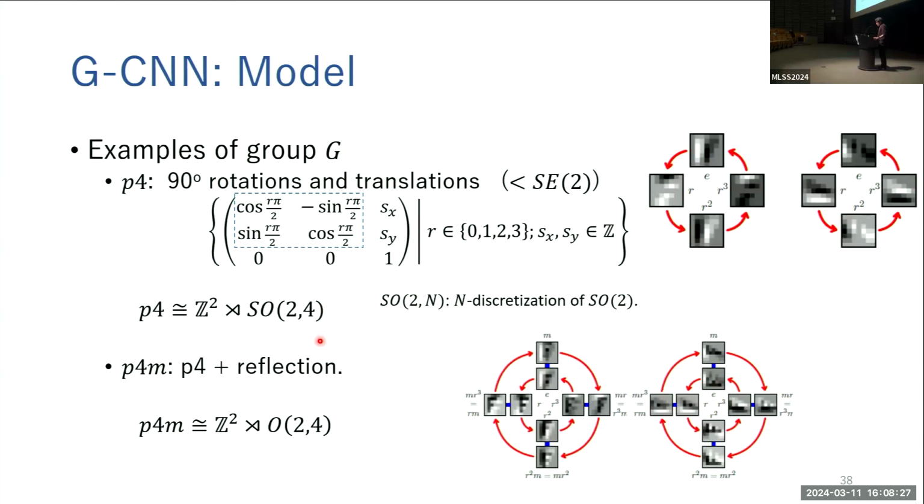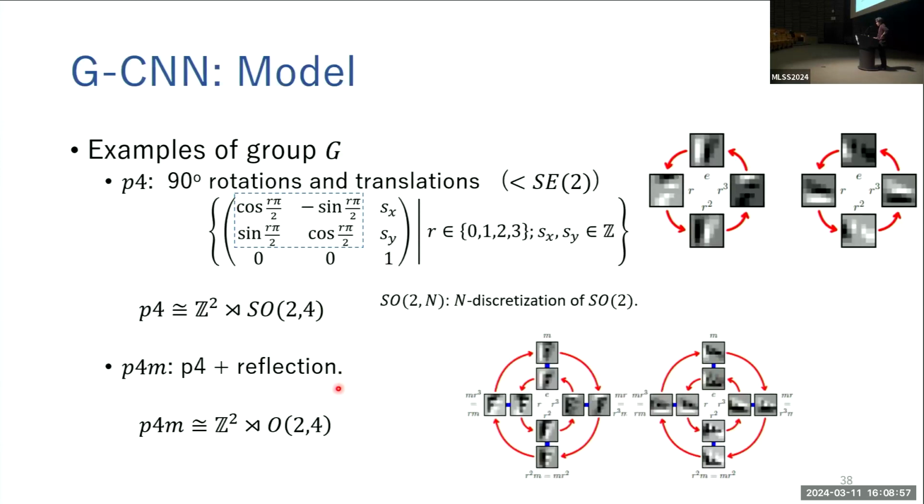And as in the case of SE2, this is a semi-direct product between the Z2 explaining the shift and the SO2 discretized to 4, which is a 4-fold discretization of SO2. So the 90 degrees and the multiples of that.